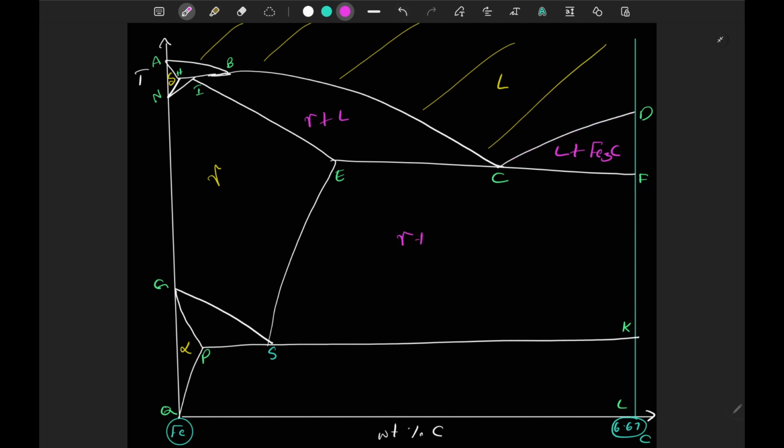So here we will get gamma plus Fe3C, and here we will get alpha plus Fe3C. Here we will get alpha plus gamma, and here we will get delta plus gamma. Here we will get delta plus L.